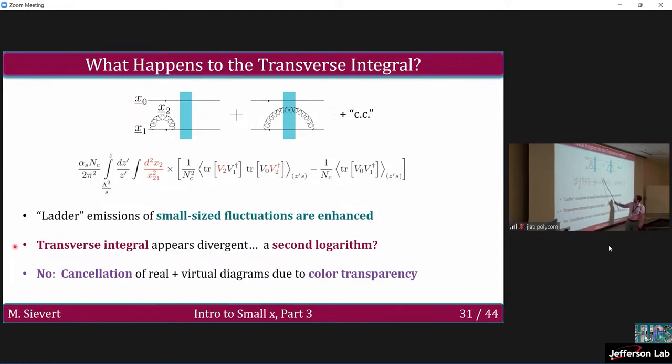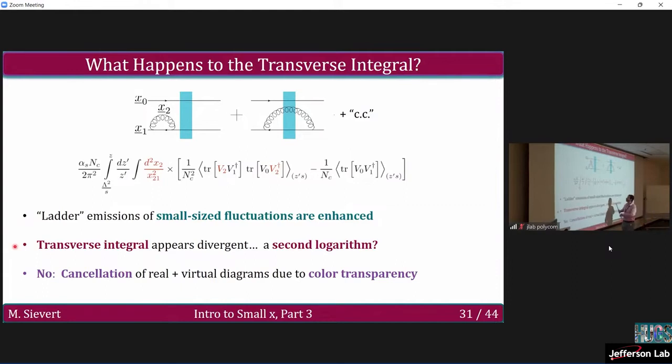And because of color transparency, when that gluon passes the shock wave, that tiny extra fluctuation that you added doesn't really interact at all. Because of that, there's no difference between the virtual correction and the real correction, and these guys cancel each other on the basis of color transparency. So even though it looks like that transverse integral is trying to become logarithmic, actually it doesn't, because the rest of the integrand goes to 0.